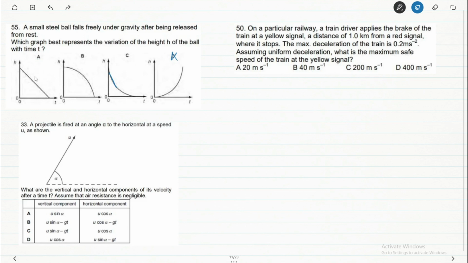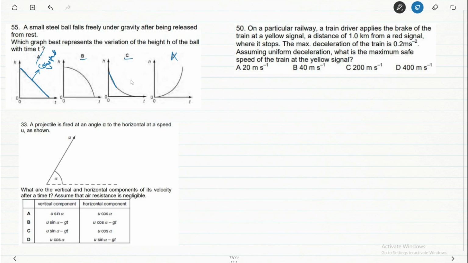The height does not decrease uniformly. It is decreasing at a changing gradient because the speed is also changing. So this gives us an expression of constant speed, which is not true. The velocity is not constant. The acceleration is always changing when the ball is free falling. Which way is it changing?